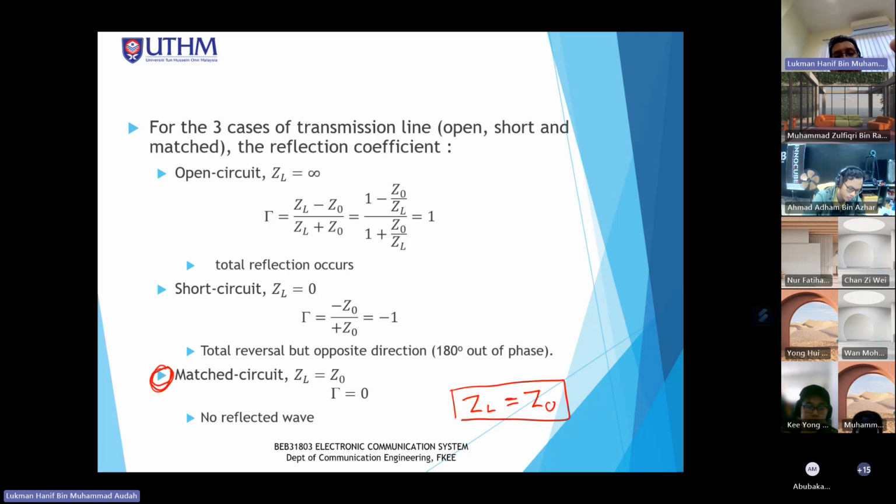We call this a matched transmission line, where the load impedance equals the characteristic impedance.